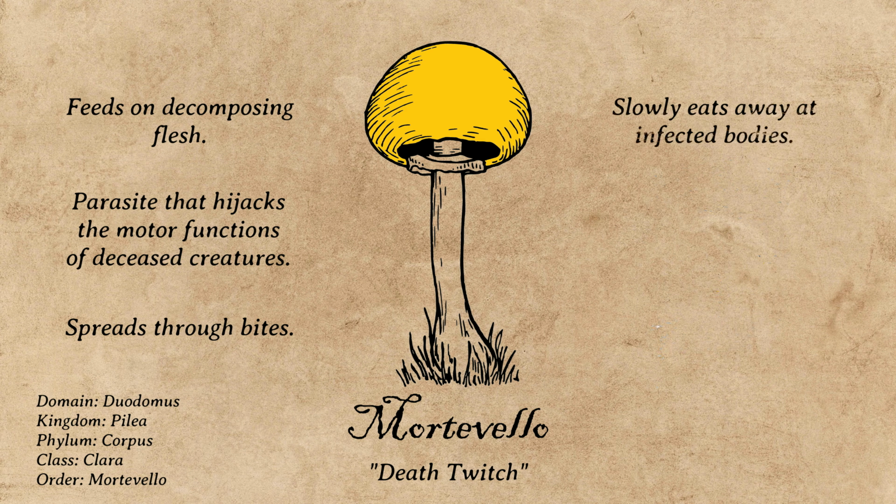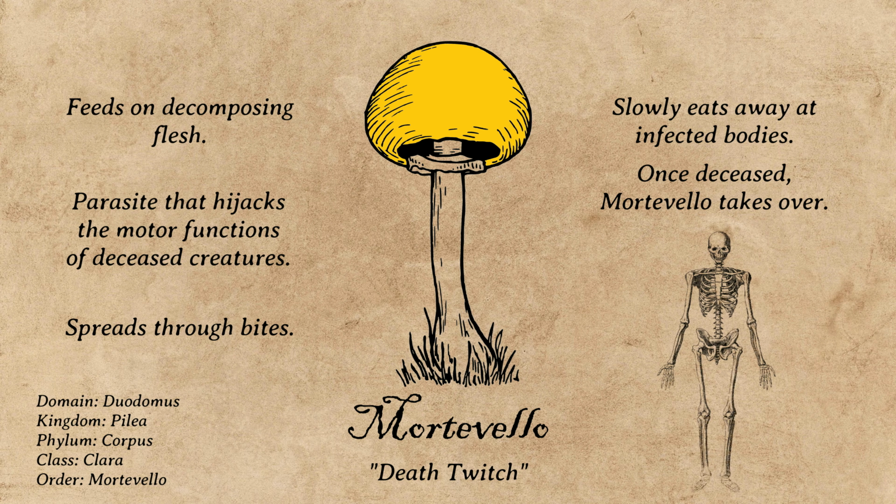Infected bodies are slowly eaten by mortavello, and living creatures that are infected will slowly die as they're eaten alive. Once deceased, mortavello takes over and can continue to animate a corpse until only bones remain.